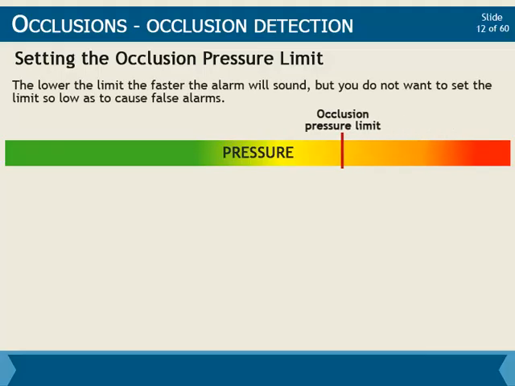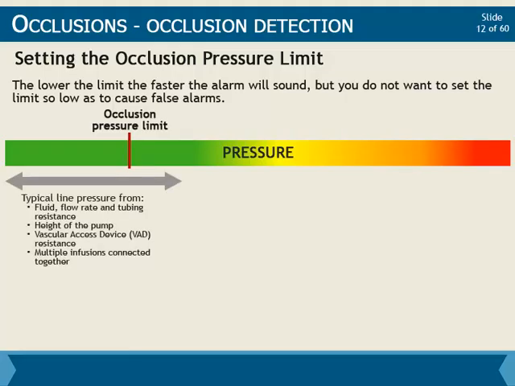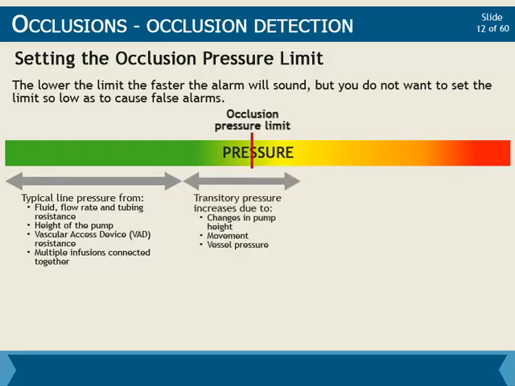The lower the limit, the faster the alarm will sound, but you do not want to set the limit so low as to cause false alarms. There typically is some level of pressure within the line, and small transitory pressure increases may occur over the course of the infusion, but are not the result of an occlusion.